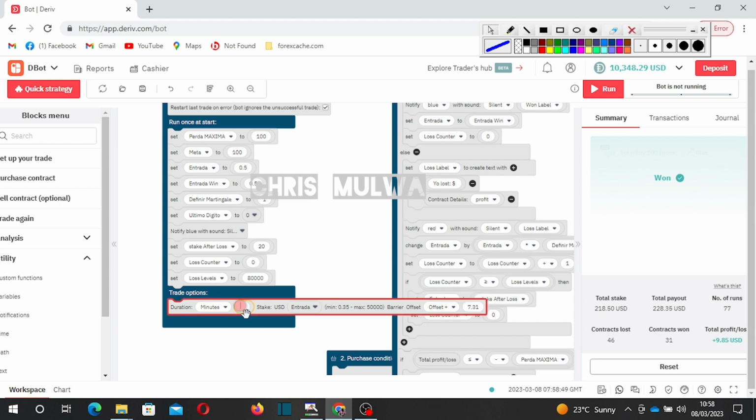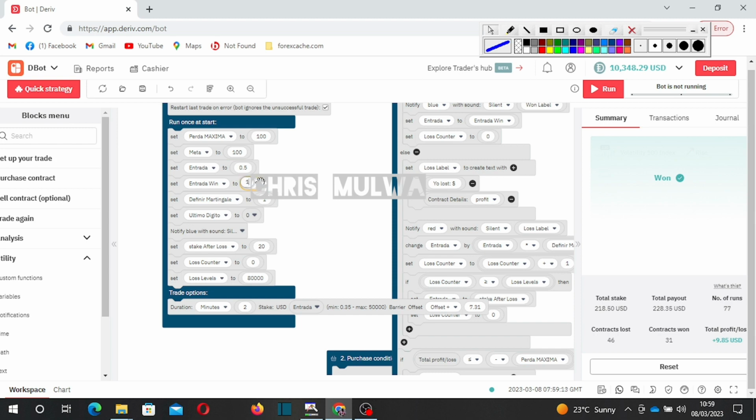Then put 1 minute. Oh, let me use the 2 minutes. It's okay. So you can see that it's very simple. You will know what the error is, because it will highlight with red.